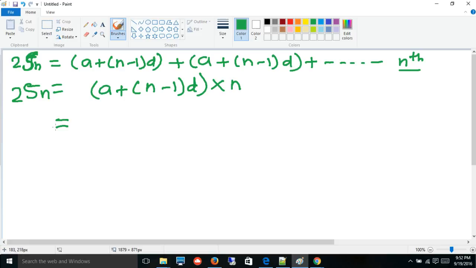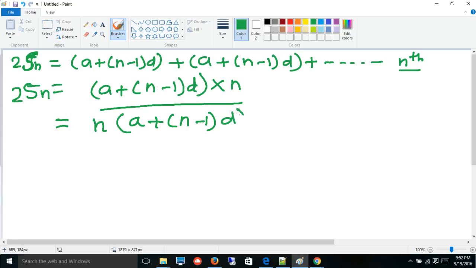Now we can write this number in this format, and by default you will get a multiplication symbol, but if you want you can write it, otherwise this is also a representation in mathematics. Now we got 2Sn equal to this.